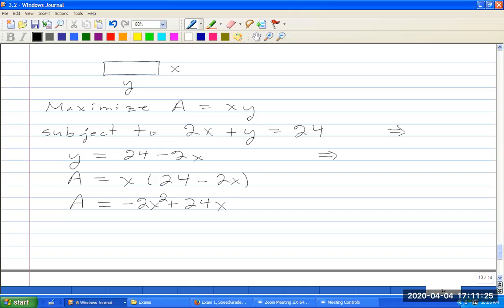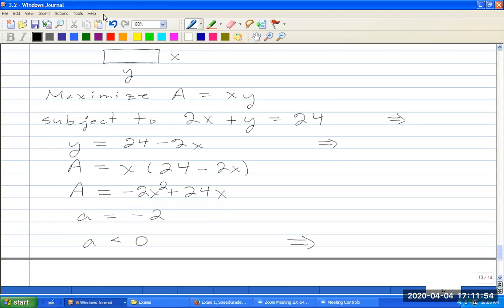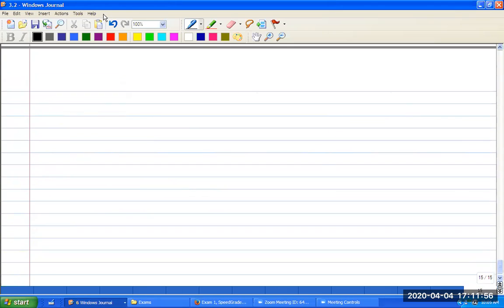Just like before, this is the general form for the equation of a parabola. Here a is negative 2, which is less than 0, which means that I will maximize.